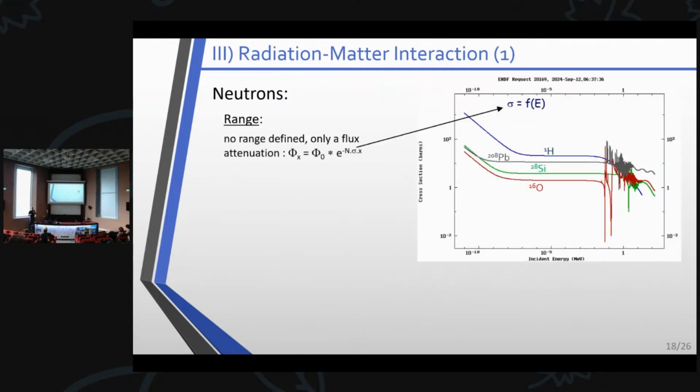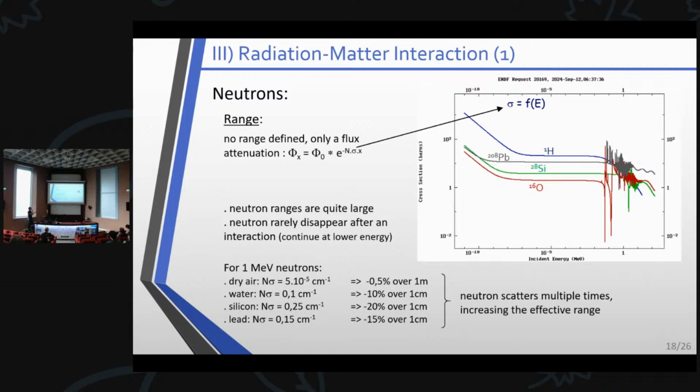The range of such a particle is calculated more or less the same way as for gamma rays. You have here some cross sections. It's for other nuclei than the slide before, but you have major isotopes, for instance silicon, and we can use that to calculate the attenuation of the neutron flux.